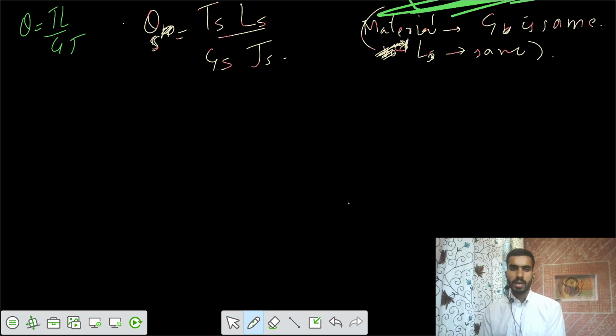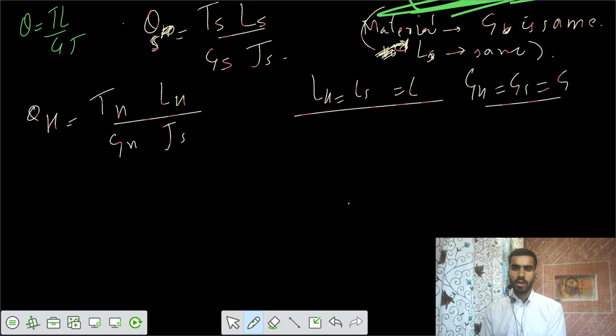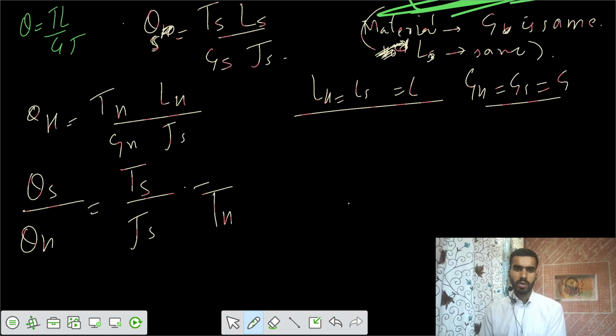Similarly for the hollow section, I would write T hollow, length hollow, G hollow and J hollow. L hollow equals L solid equals L, and G hollow equals G solid equals G. So if I use that, theta solid by theta hollow would be equal to T solid by J solid divided by T hollow by J hollow.